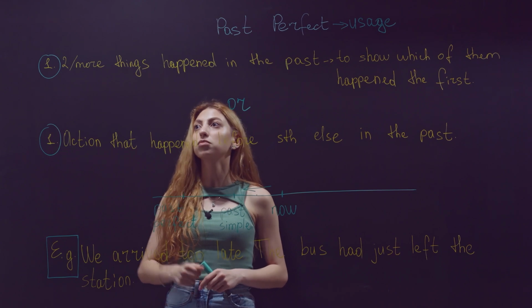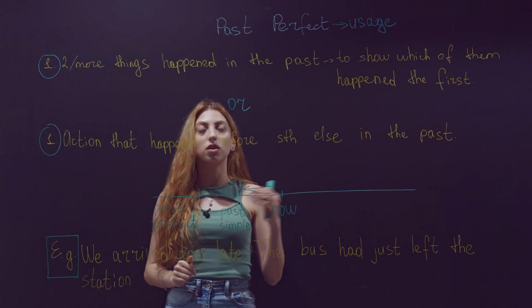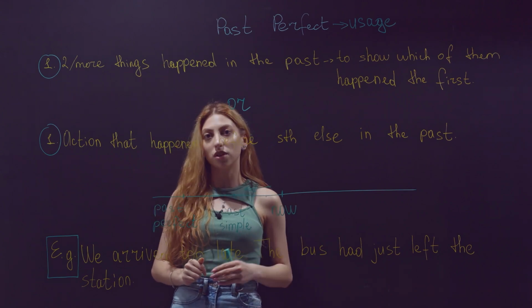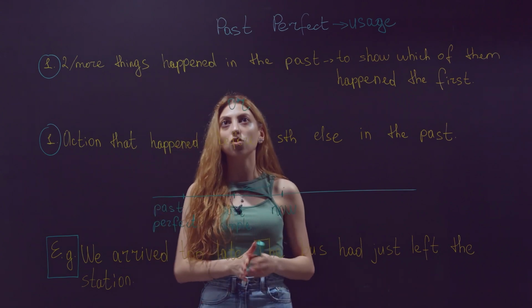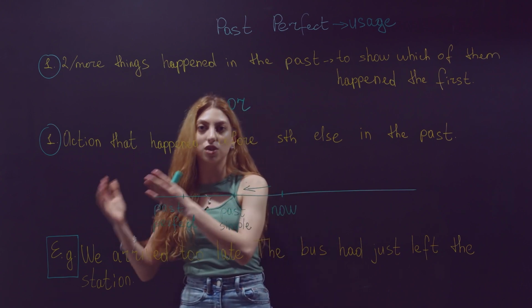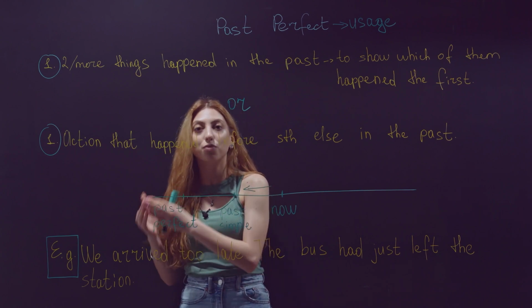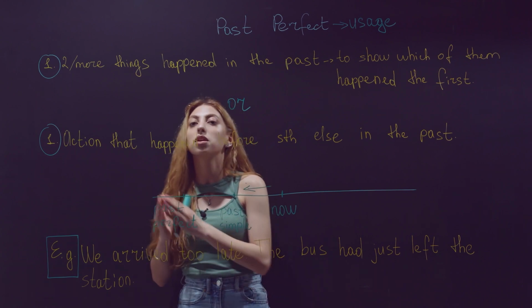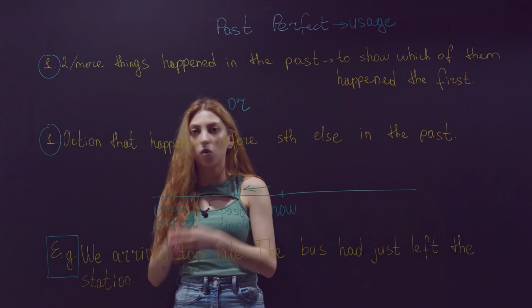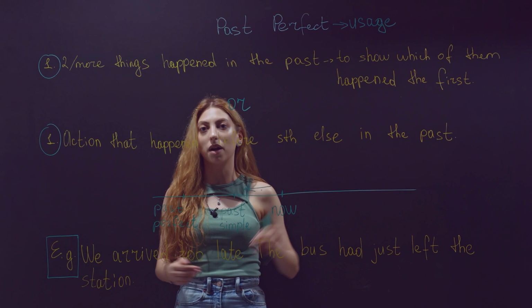Two or more things happened in the past, and to show which of them happened first, we need to use past perfect tense. Again, if two things happened in the past and we want to show which one happened first, we use past perfect. Or we can say: an action that happened before something else in the past.